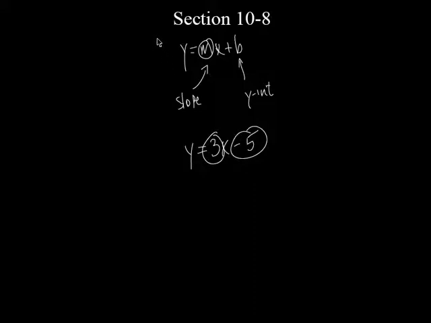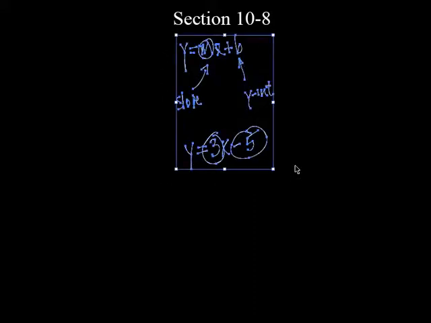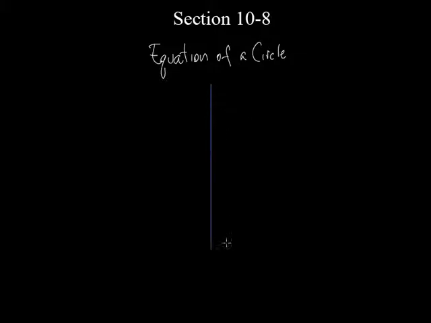What we're going to do today is not the equation of a line, but what have we been studying this whole chapter? Equation of a circle. All right, I'm going to draw a little x and y axis.